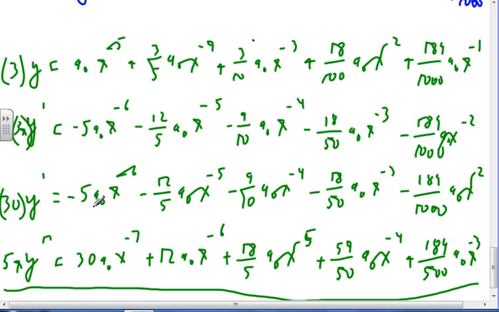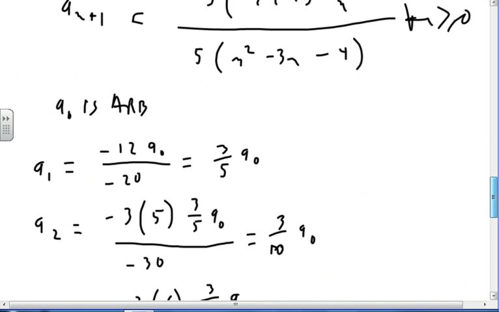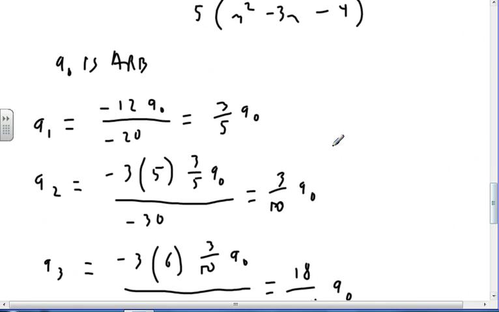No, because this is the minus 6 term. So the minus 6 term goes away. It's the minus 5 term that's not going away. And the problem is right here. So we got a problem up here. So the 3 over 5 a0 is correct.